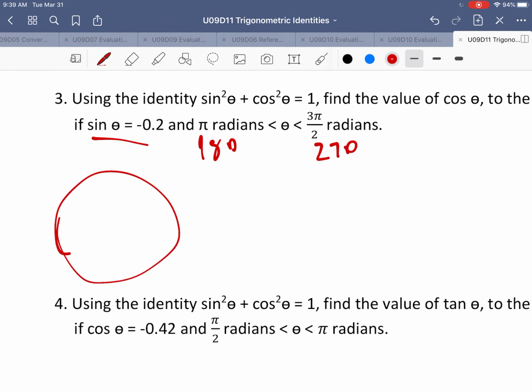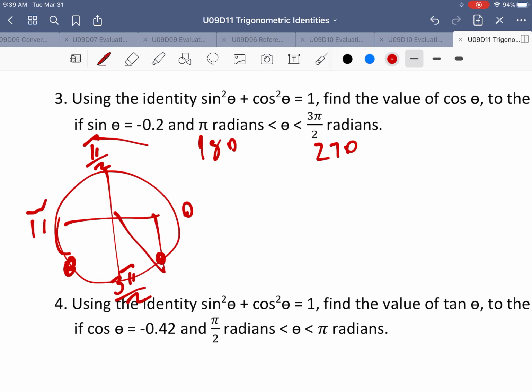So if we were to make our circle here, we're told that sine of theta is equal to negative 0.2. So we're either over here or over here, right? Because this is 0, this is pi, this should be half pi, and this one should be 3 pi over 2. So either we're drawing this triangle or we're drawing this triangle.